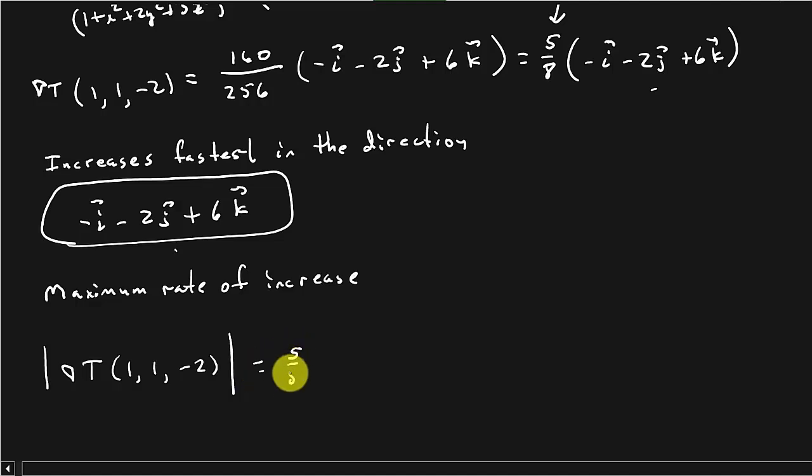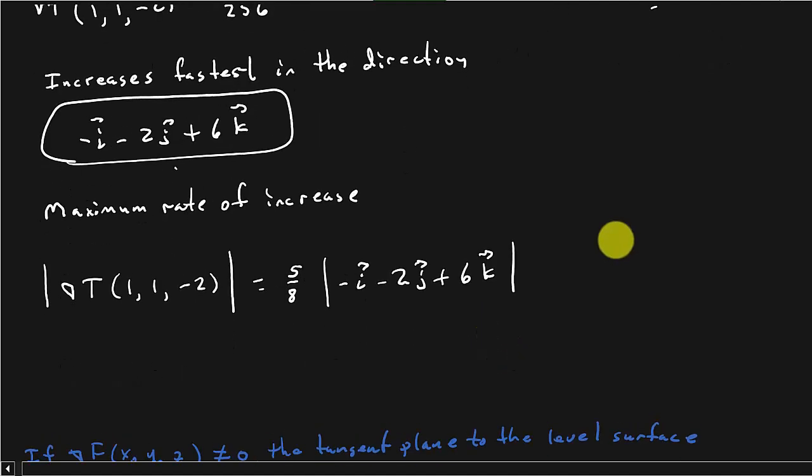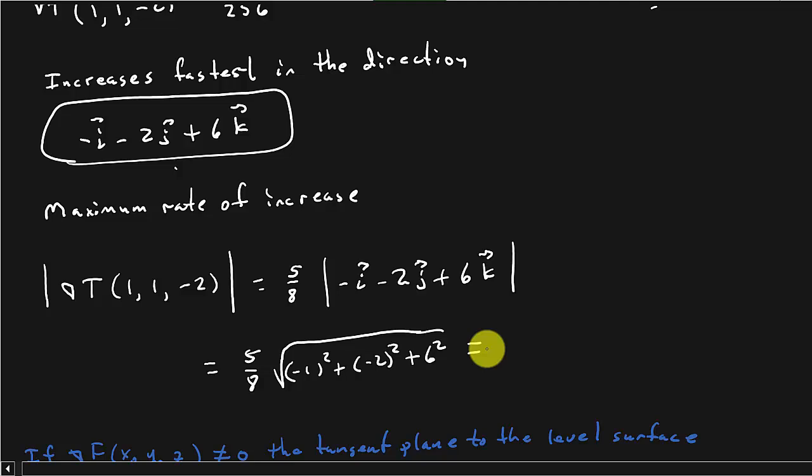And that's going to be 5/8 times the magnitude of negative i minus 2j plus 6k. And so this is going to give us 5/8 times the square root of negative 1 squared plus negative 2 squared plus 6 squared. And that ends up giving us 5/8 times the square root of 41.